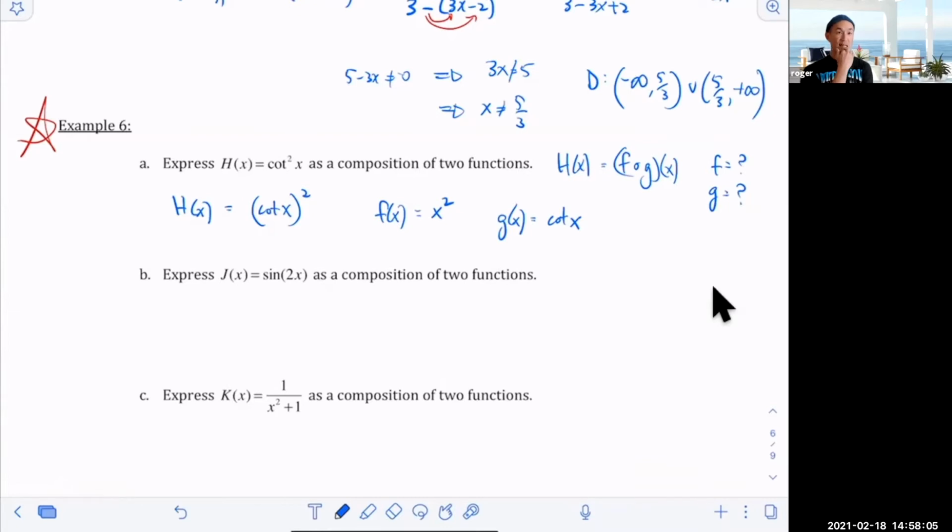Okay, so if I ask you what is the outside function and what's the inside function, what do you say the outside function is for B? You can type in the chat box.